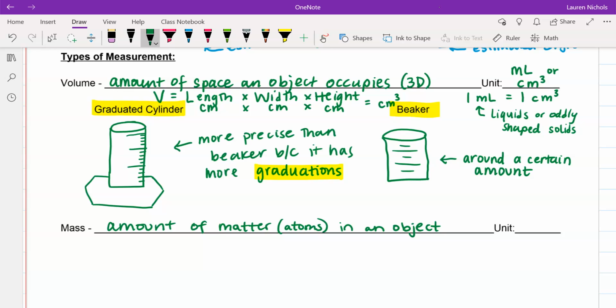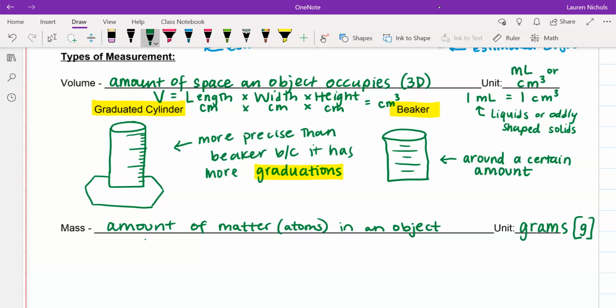It's one of my favorite sayings in chemistry. Okay, so anyone who takes up space and is made up of atoms has mass, they are important and they matter. And the unit that we use for mass in chemistry is going to be grams, and it uses the abbreviation of a lowercase g. So you'll see that on a scale.